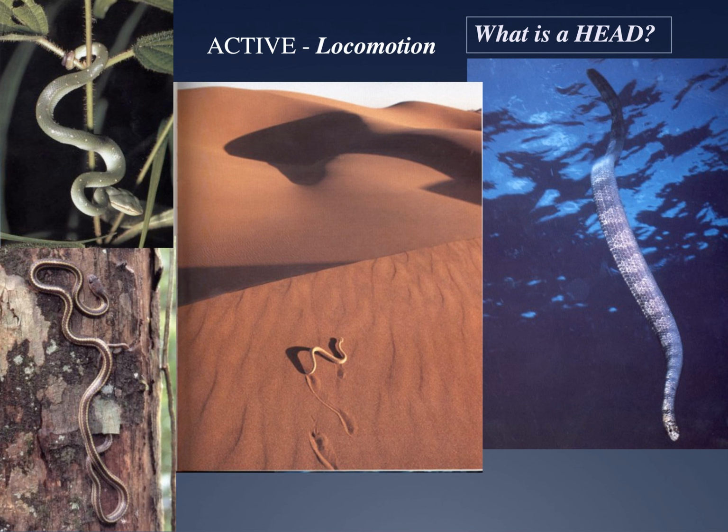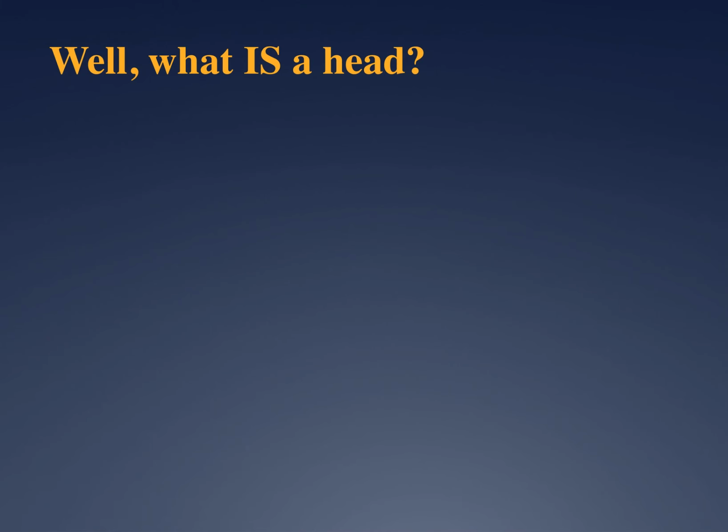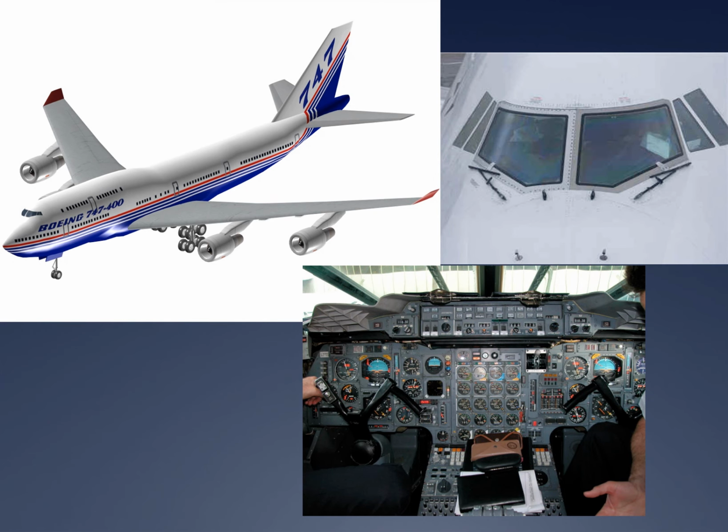Well, as you consider what does it really mean to be a head, consider this. When you get on an airplane, a jet, and you take your seat, if the captain of the plane, the pilot, sits next to you, that would be a good time to try to get off the plane.